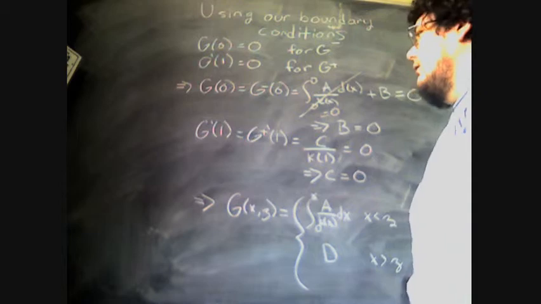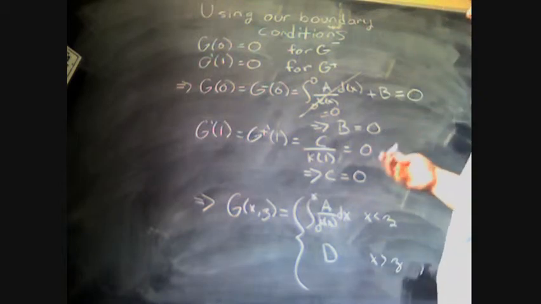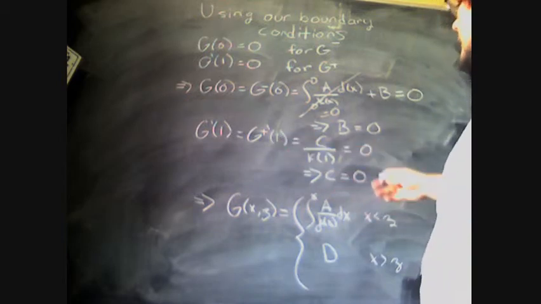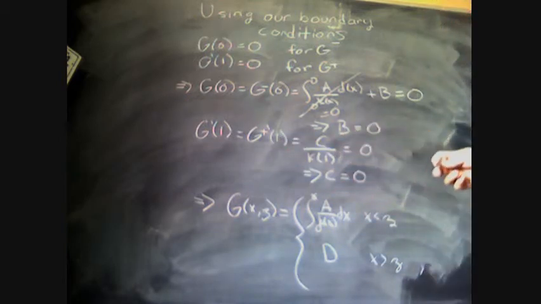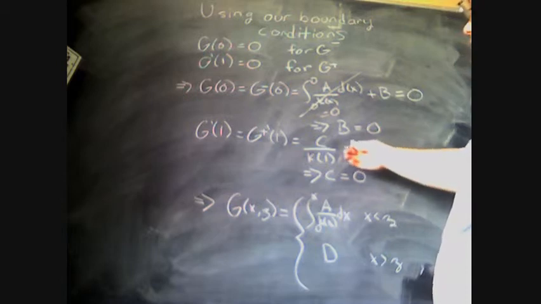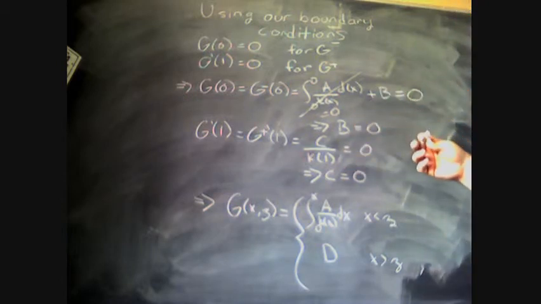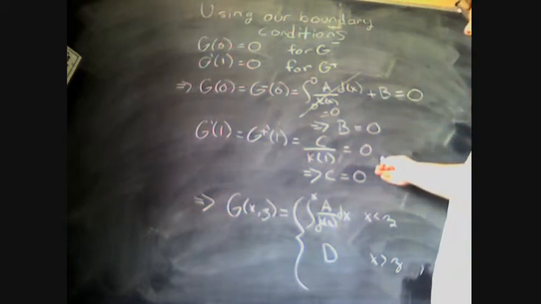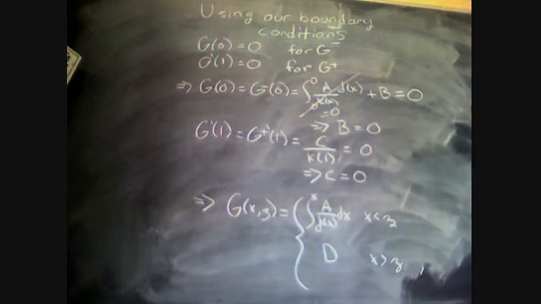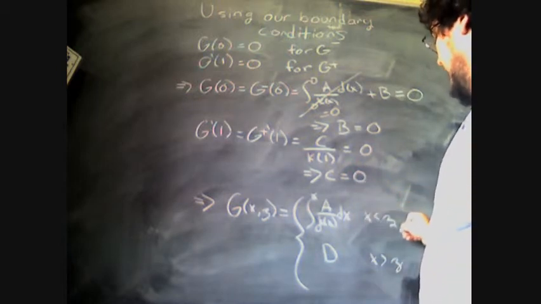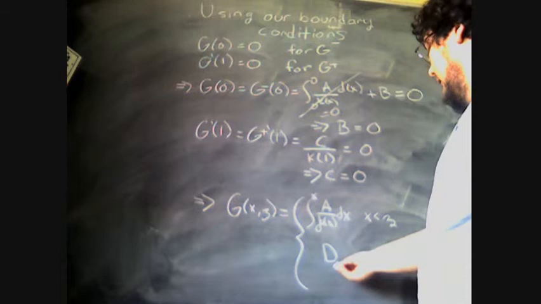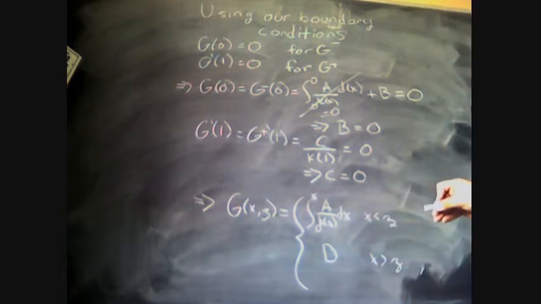Secondly, if we go to g plus and evaluate our derivative at x equals 1, all we have left is c over k of 1, which equals 0, and like we mentioned earlier, k is a positive function, therefore the only possibility is that the coefficient c is 0. Thus we've simplified our equation a little bit. We have this integral for x less than z, and we know that it's just some constant after x is equal to z.